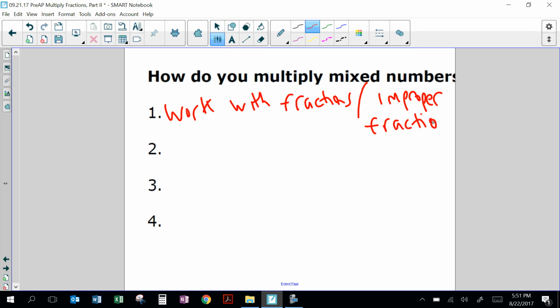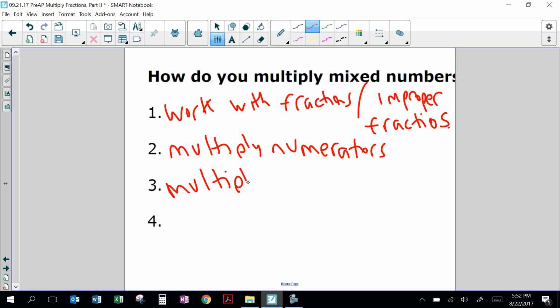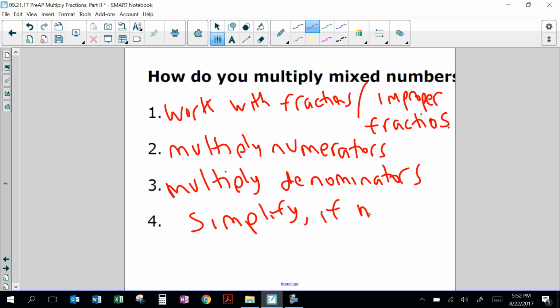And then you multiply the numerators across. Then you multiply the denominators across, and sometimes, not always, you're going to have to simplify. That's why I'm going to put "if needed."